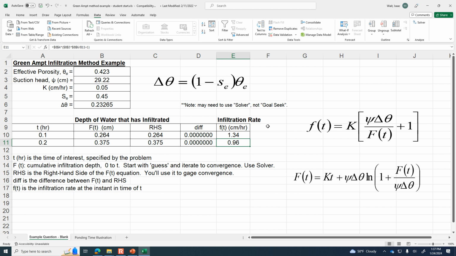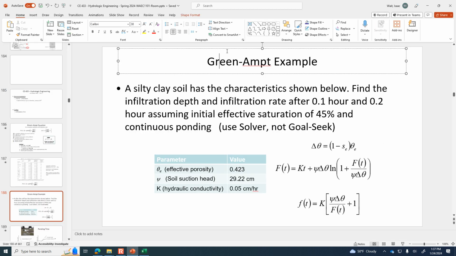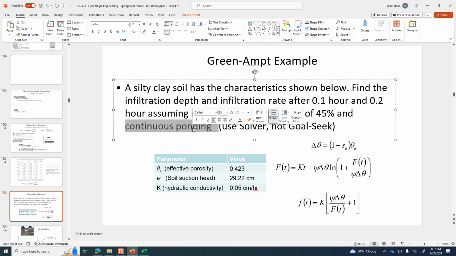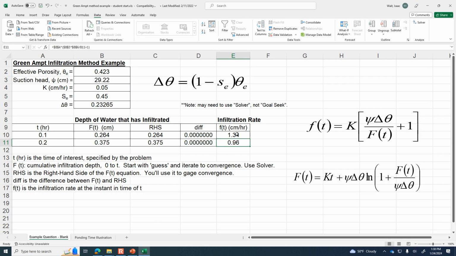And the other reason why we're doing this manually is it's really important to know the assumption of continuous ponding. The Green-Ampt equation only works if there's ponding at the surface from the beginning of the storm. So what that means is that the rainfall rate has to be higher than the infiltration rate at the beginning. So what was the initial infiltration rate?